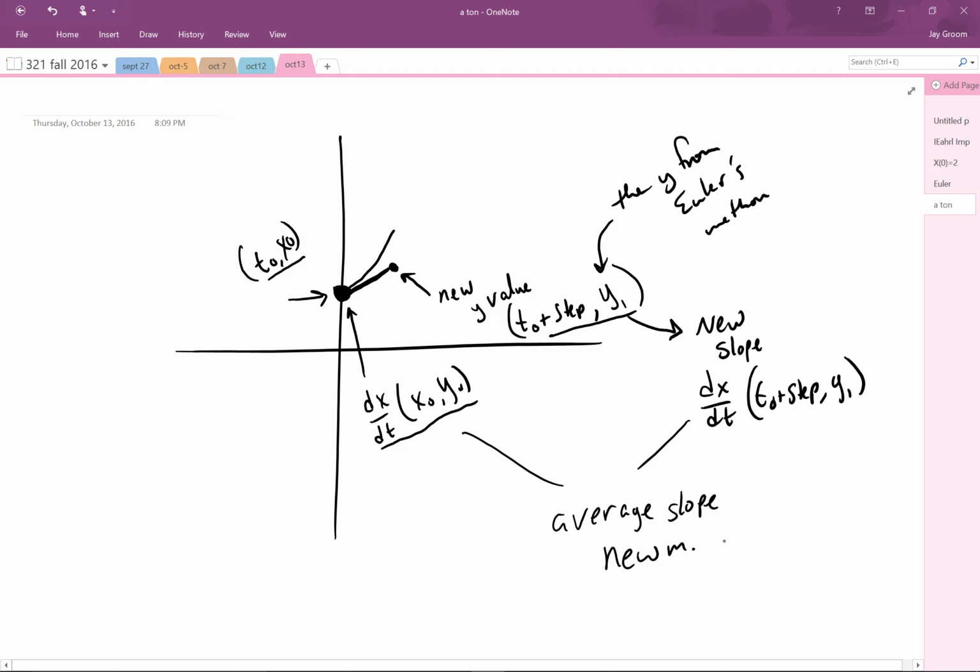Then you predict the new value of y from this. But again, the obvious idea is this: here you're going to have a new slope. The new slope might be like that. So if I average this slope and this slope, I'm going to get a slope that is more like, I don't know, more like that. And that might give me a more reasonable approximation for my new y. Okay?